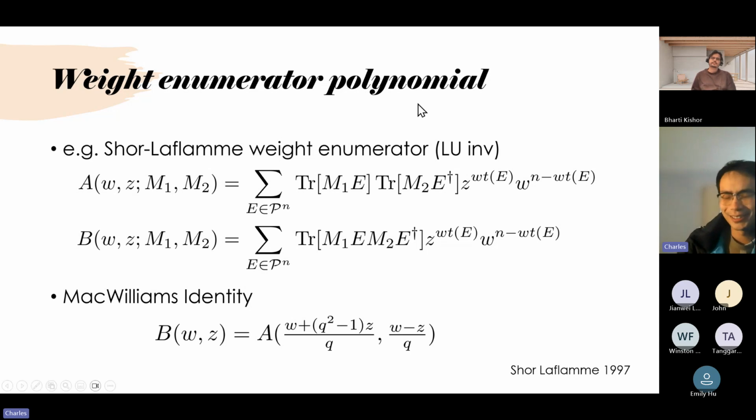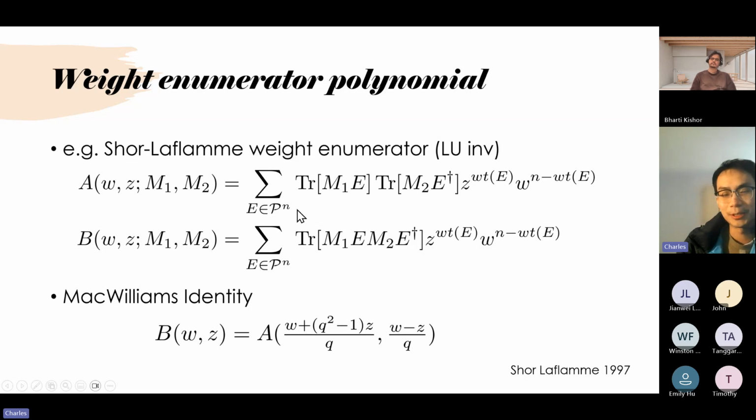So what are they? Let's start with the simplest example, and these are the first instances of quantum weight enumerator polynomials. They were first introduced by Shor and Laflamme in 1997. So formally, they look like this, right? The first thing that we notice is that they're enumerator polynomials. They depend on a couple of variables, and then they also take in these M1, M2, which are large 2^n by 2^n matrices.